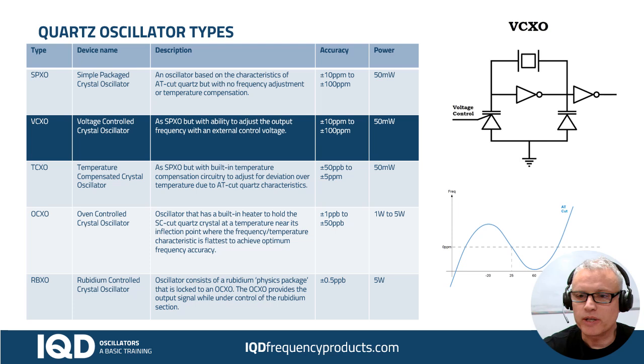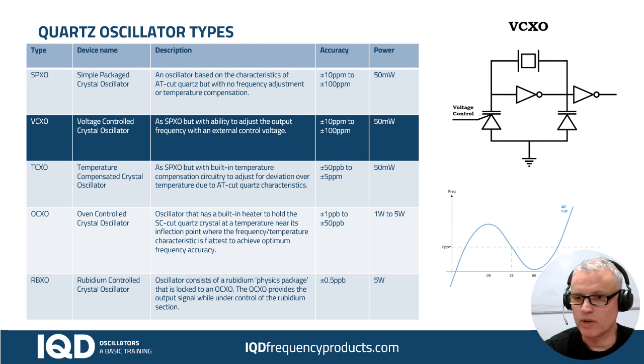If we want to move up the technology tree from that, we've got a voltage controlled crystal oscillator. In a voltage controlled crystal oscillator, we swap those capacitors for a thing known as a varactor diode. A varactor diode is a diode running in reverse bias, and so when we put the bias across it, the P and N junctions move apart, and the harder the bias, the further they move apart, and so the larger the capacitance that they represent.